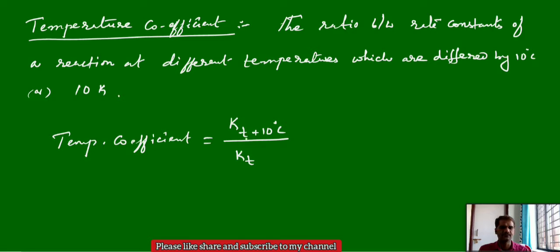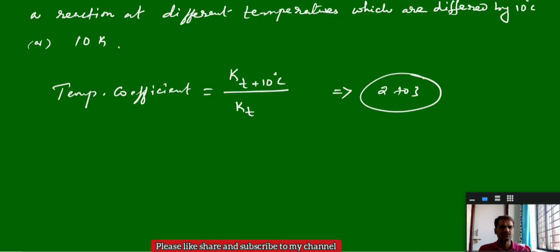So the ratio of K at T plus 10 and K at T is the temperature coefficient. And this temperature coefficient value for most of the reactions is in the order of 2 to 3. You can see this falls in the region of 2 to 3 for most of the reactions. But in most of the cases we will take this as 2.